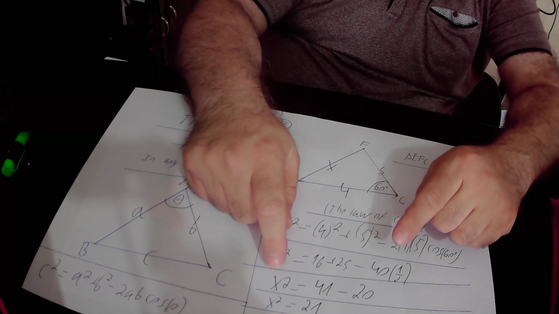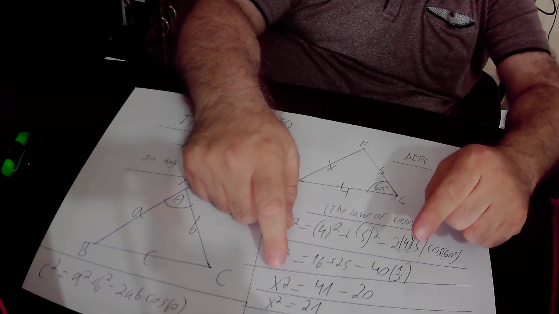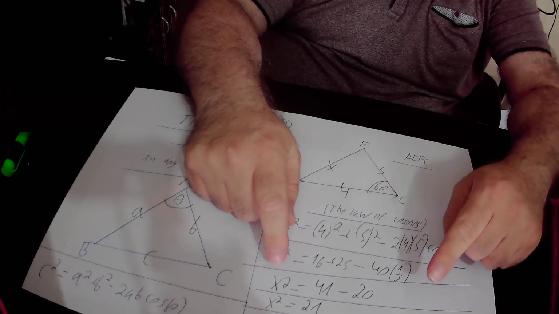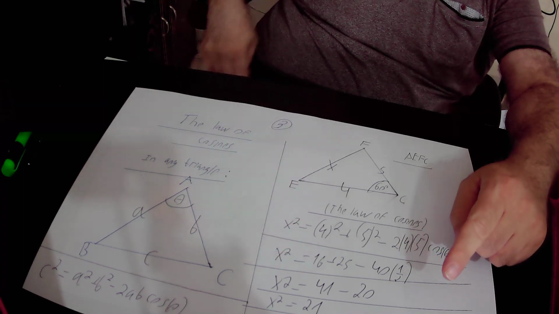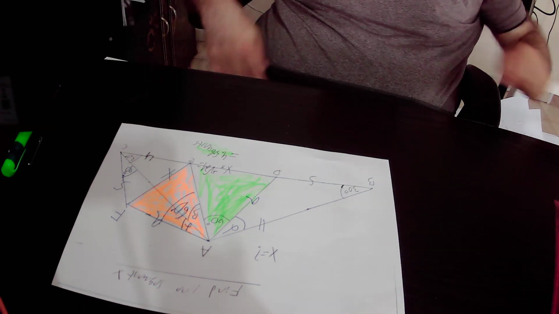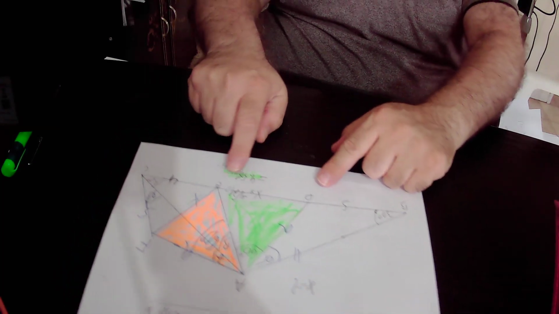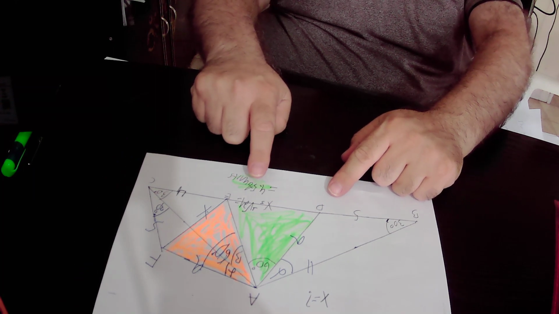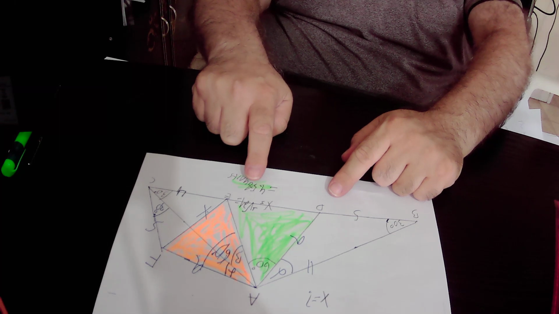We took the root of this equation and found that x equals the positive square root of 21, and in terms of numbers, it is equal to 4.58 units. The length of line segment DE, which is equal to x, is equal to the positive square root of 21.